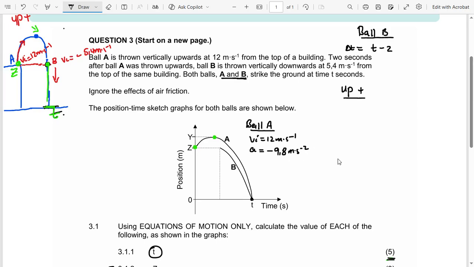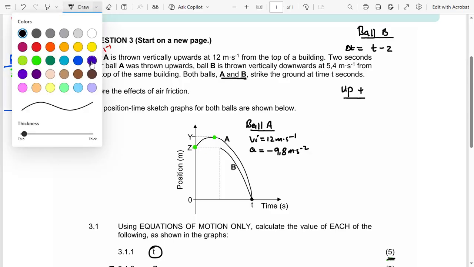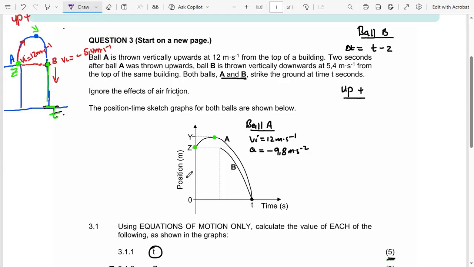Then I'm going to use the equation of motion to do my substitution. We are trying to find the time it took to reach the ground.